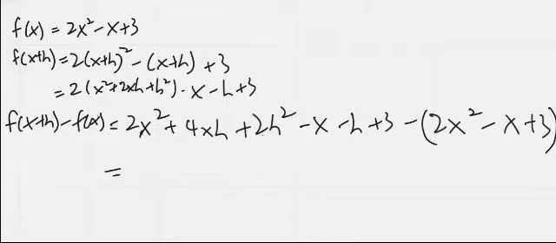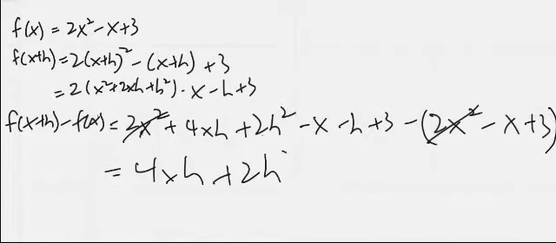And so 2x squared minus 2x squared, they will cancel out. And then we'll have 4xh after it. And then we'll also have the 2h squared. And then negative x plus x will also cancel out. And then we'll have negative h. And the 3 minus 3, they will also cancel out.